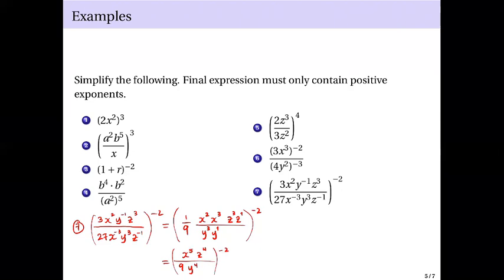That's what I'm going to do. So I'm going to interchange this guy and this guy here, so that in the numerator, I have 9y raised to 4. Denominator, I will have x raised to 5, z raised to 4. And now, the exponent will be positive 2. Follow so far?